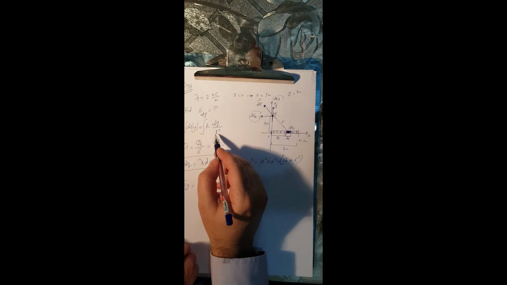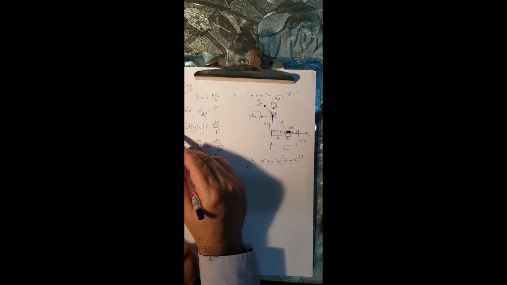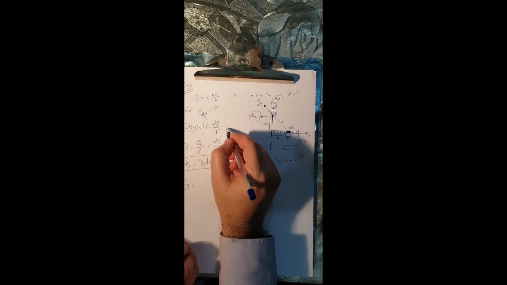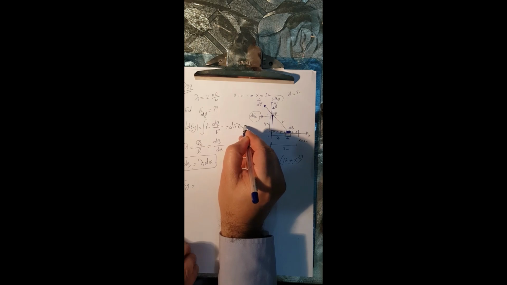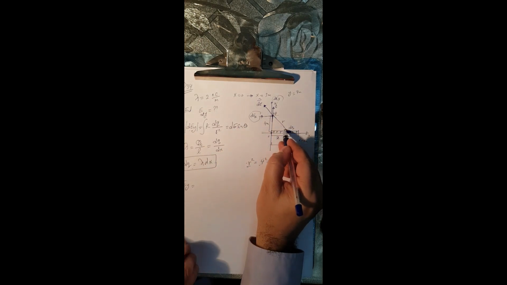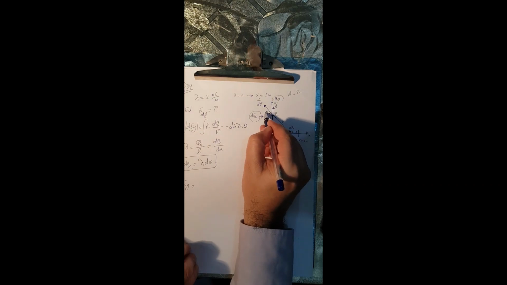Okay, I just forgot to tell you that dEY is dE sine theta. We need the angle, of course. So if I assume this is theta here, this will be theta as well. So this dEY will be dE sine theta, and of course sine is the angle with x.